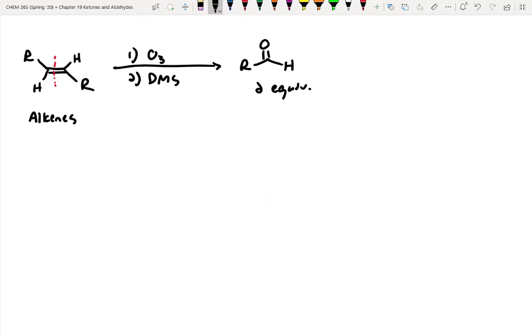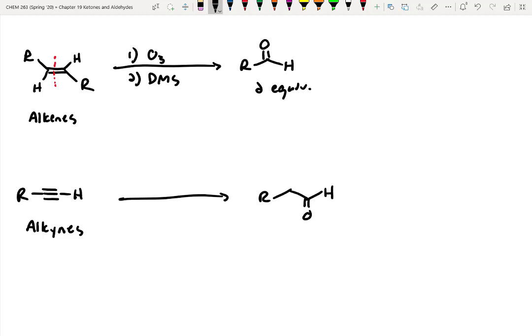We can also make aldehydes directly from alkynes. This is one we haven't seen too often. But let's see if we can remember what reagents we need. In this case, we've got this red carbon and green carbon. They're going to stay put.